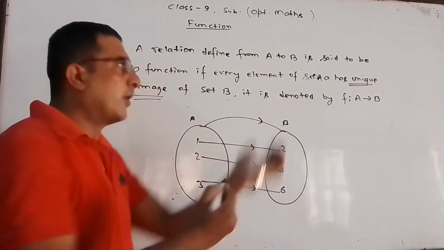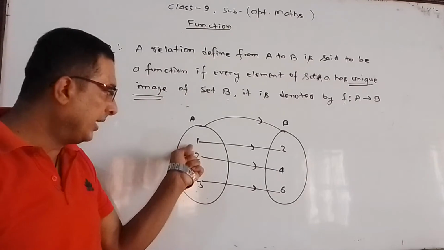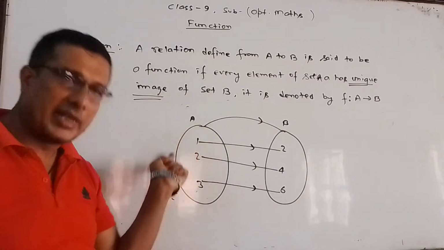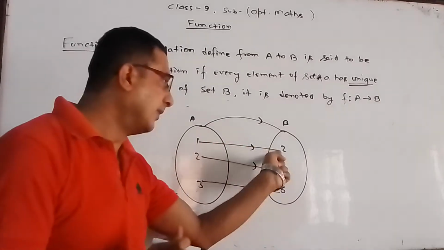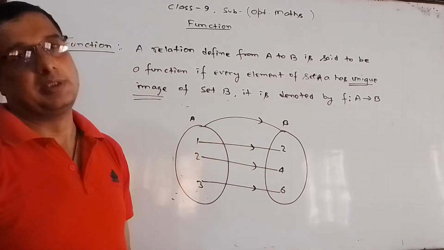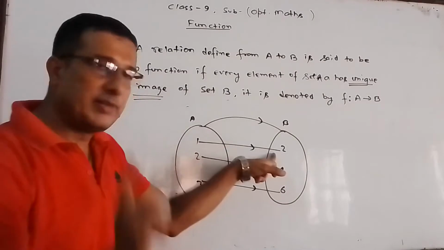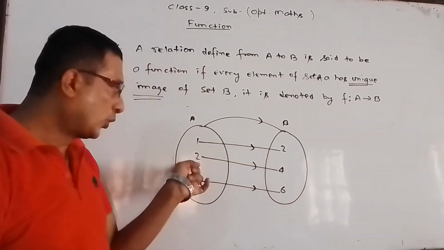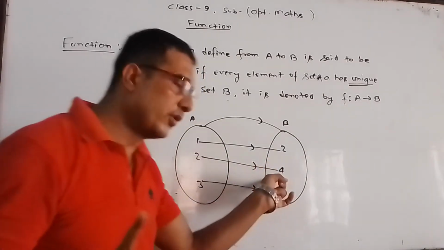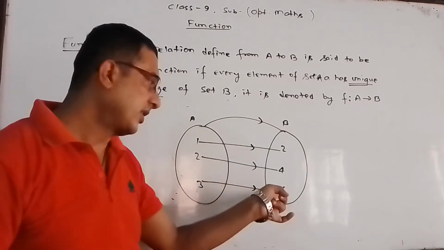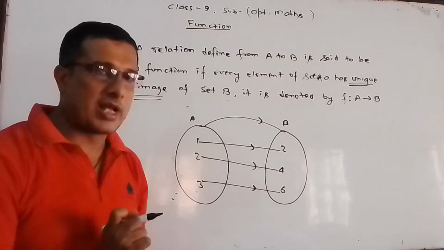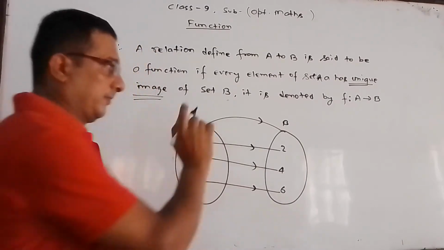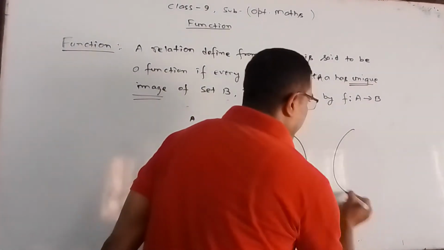It satisfies our definition. Every element of A has a unique element of set B. 1 has only one image, 2, 2 has only one image, 4, and 3 has only one image, 6.